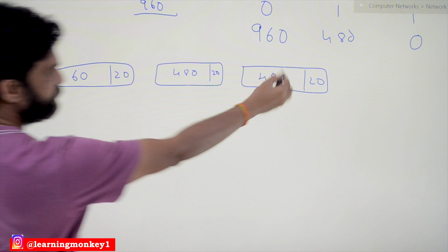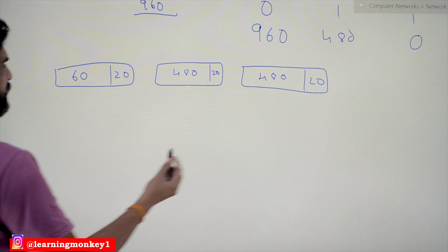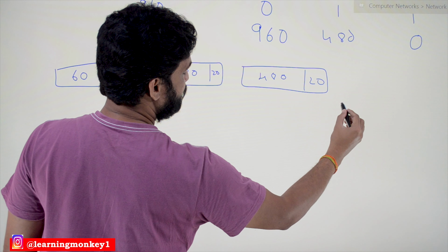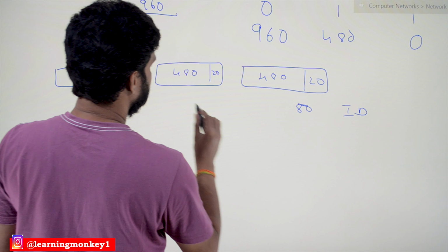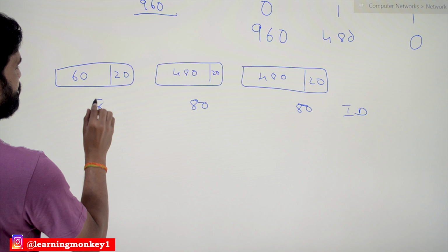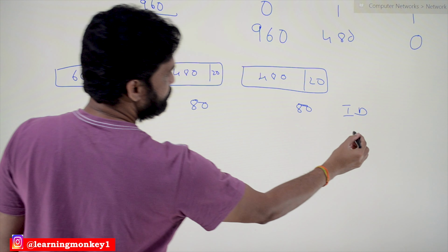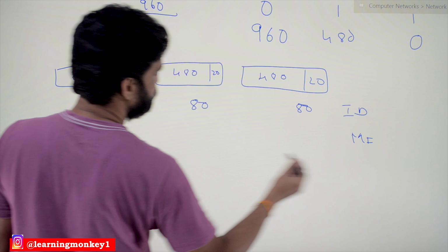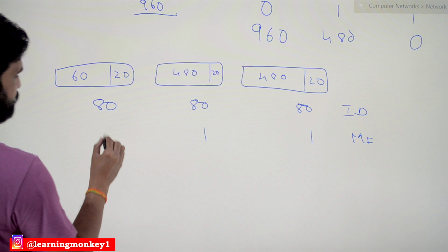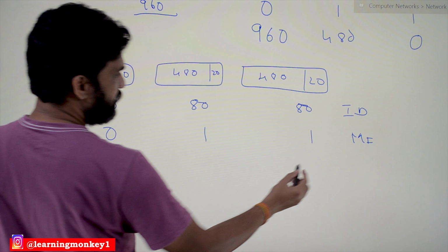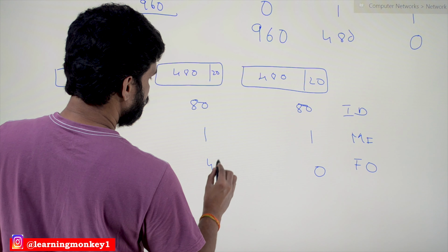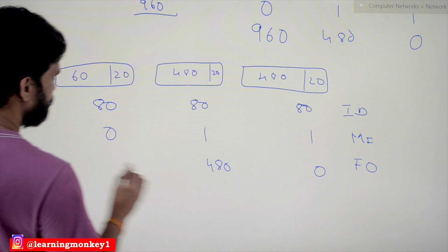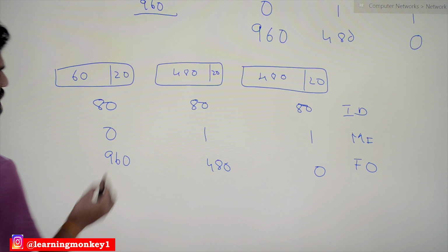I am not going to give the representation of a transport header here, and the identification number is 80 for all these packets. The MF bits are 110, no fragments following, and the fragment offset is 0, 480, and this is 960.